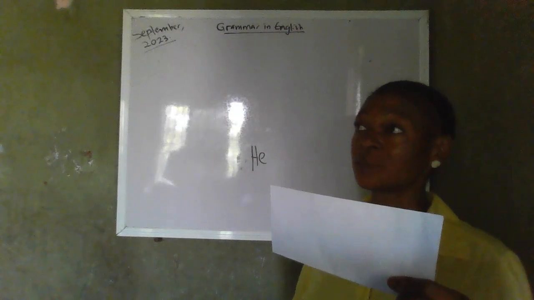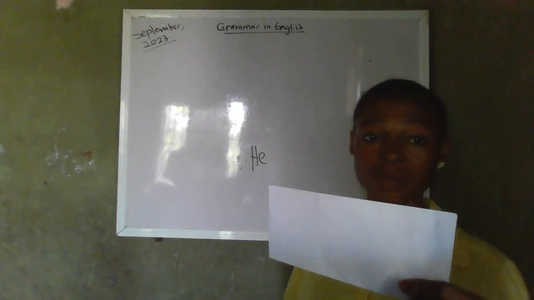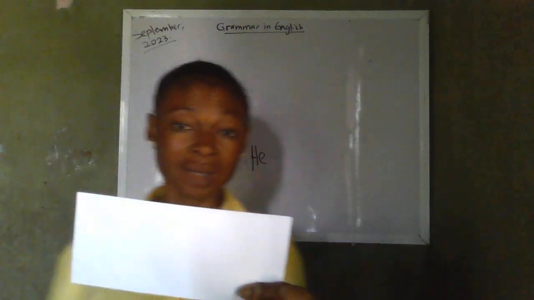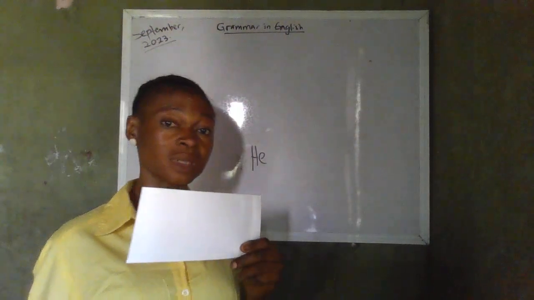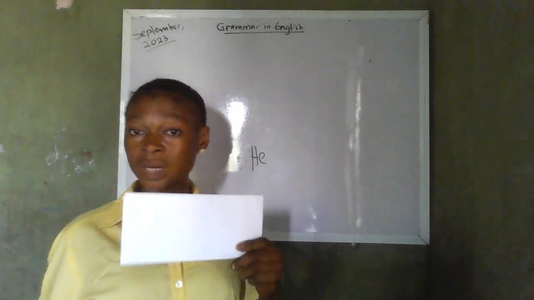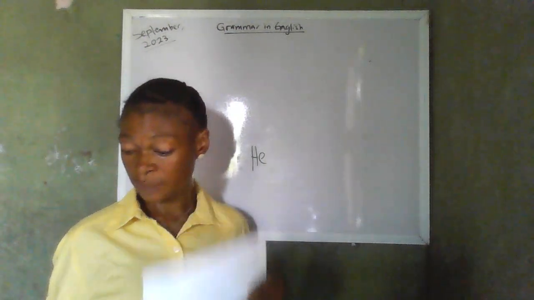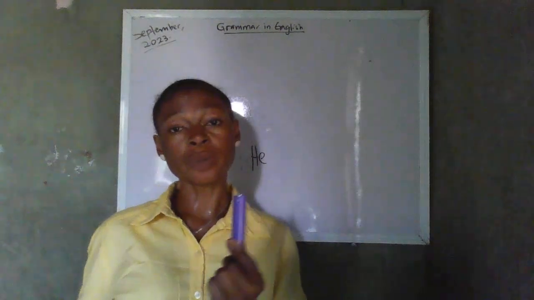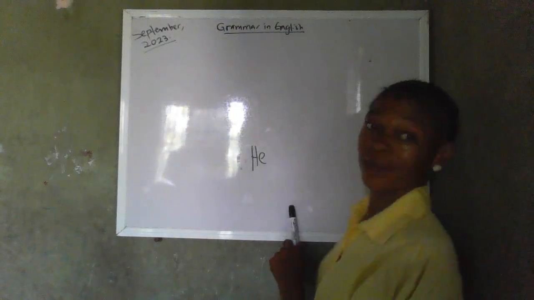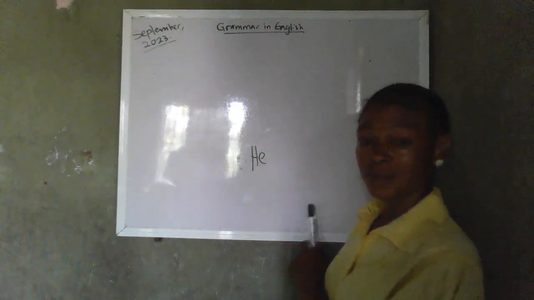My light has, the electricity has been interrupted. I'm sorry if the video is a little bit dark. Okay, I have a white envelope here, and this is a purple battery, and I have a white marker board.